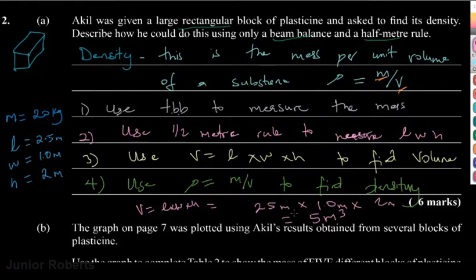Okay, cool. So then now we know the volume, we know our mass. So we can now simply apply our formula. Rho is equal to mass over volume to calculate our density. So can you calculate the density for me, please?